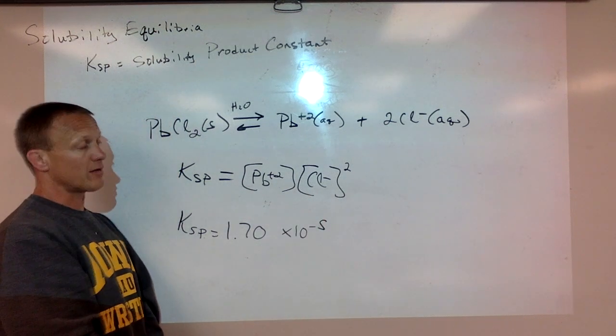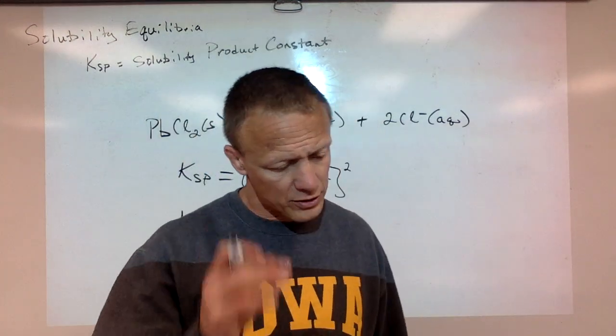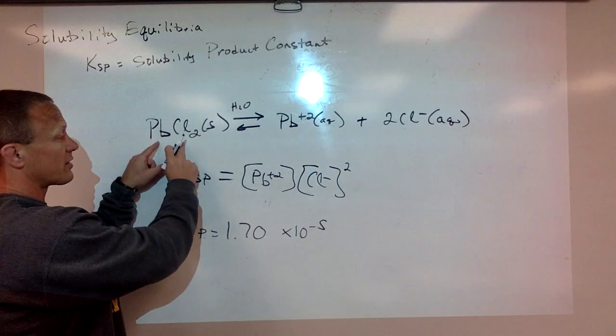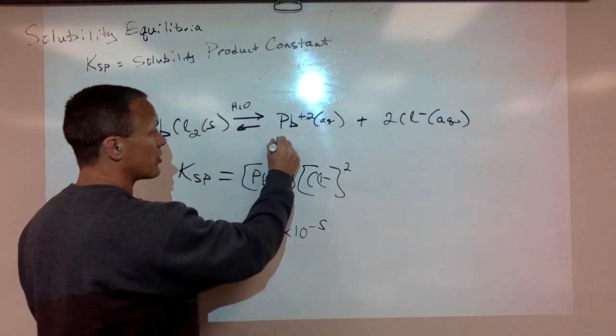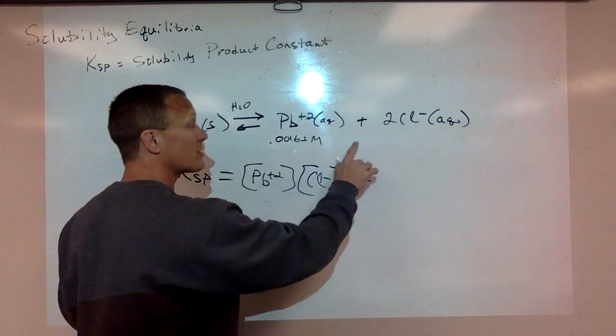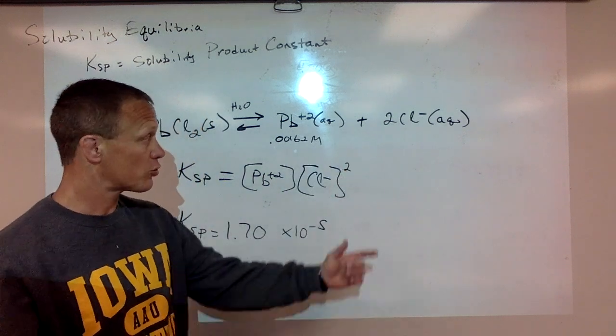Again, it will always be the maximum amount. I happen to know for this compound, the solubility of it is 0.00162 molar. That's the maximum amount this can dissolve. That means this concentration is 0.00162 molar, and this concentration would be that times 2, because there's twice as many of these.